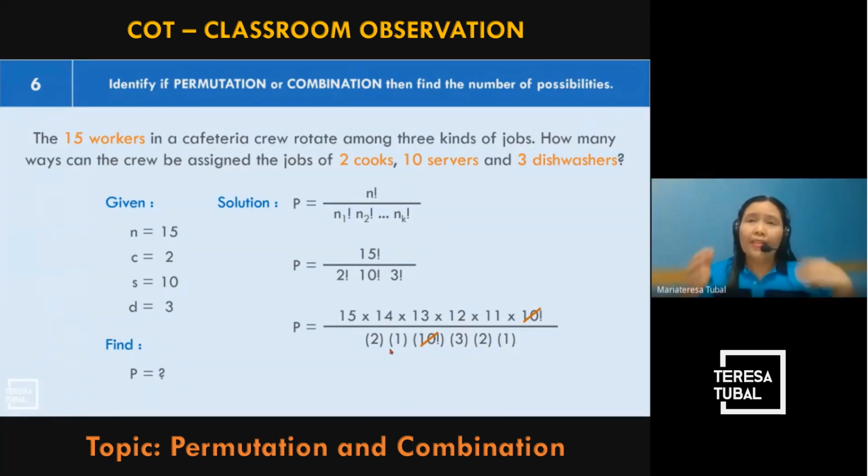So napansin nyo, from the different sa mga classmate nyo, merong iba't ibang paraan to get the lowest term. Yung kay Dana, 3, 2, and then 2, that is equal to 12. So cancel 12 in the numerator. Or tulad ng binanggit ng iba, 15 divided by 3 is 5. 14 divided by 2 is 7. 12 divided by 2 is 6.